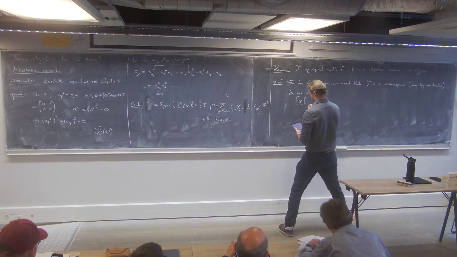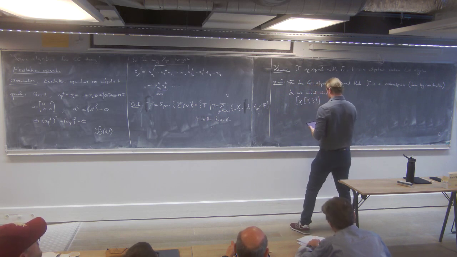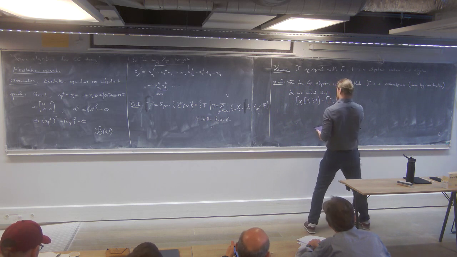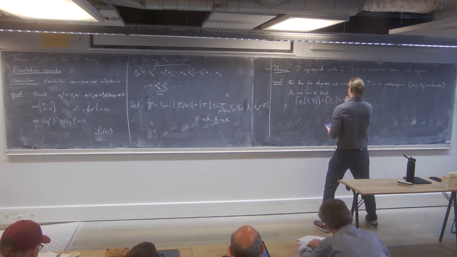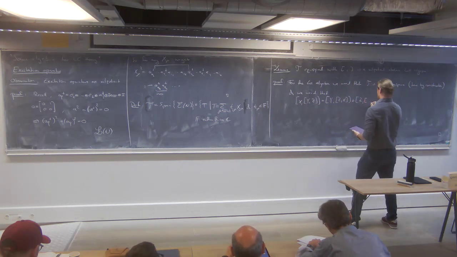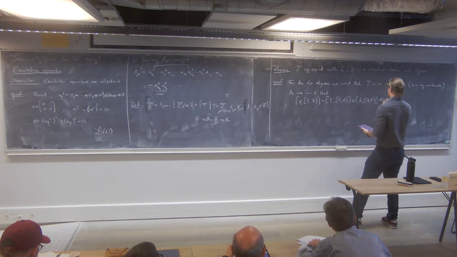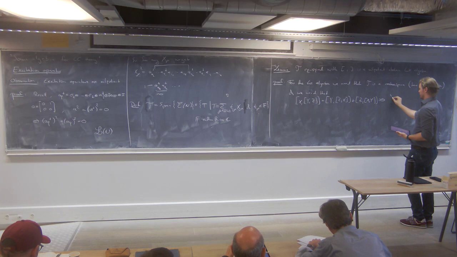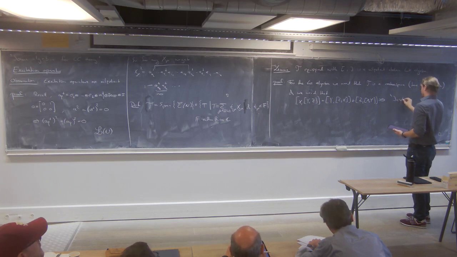Let me just write that down for completion, in case you have not seen this before. So this is called the Jacobi identity.